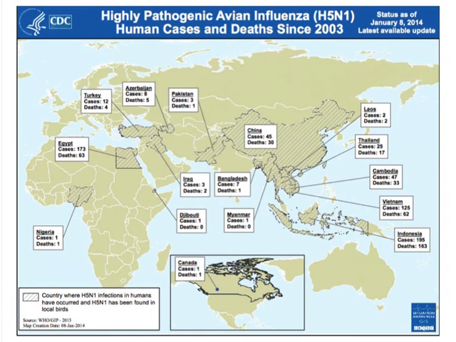So here's a summary by WHO, the World Health Organization, of all the human H5N1 infections to date. You can see the countries in which they're located. I have another table in a moment with the numbers. But you can see the hatch marks here are countries where H5N1 infections have occurred, and in addition, the virus has been found in local birds.